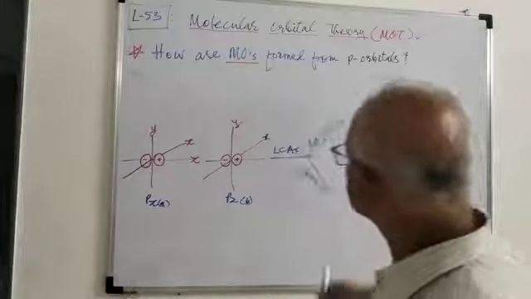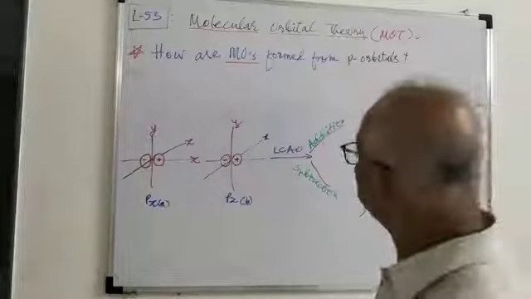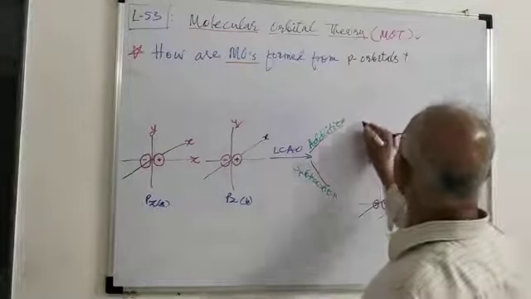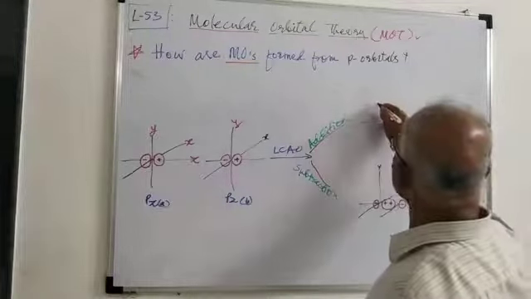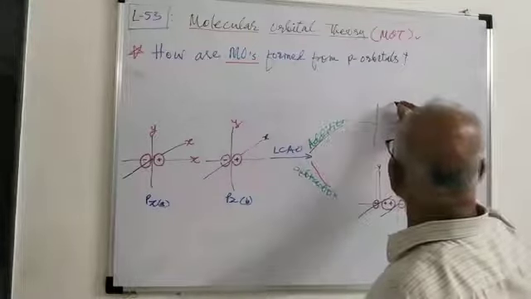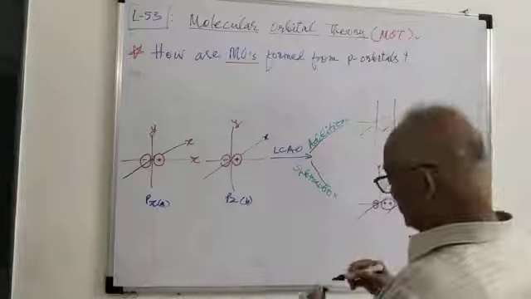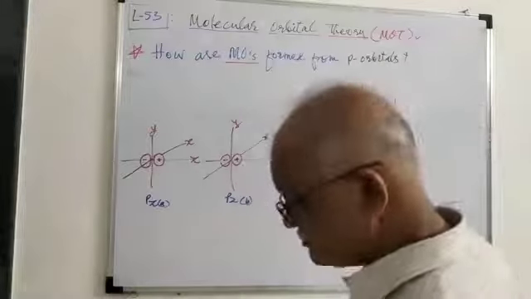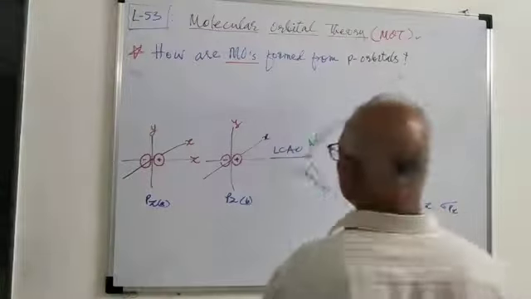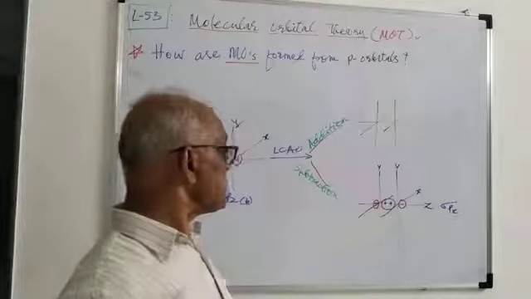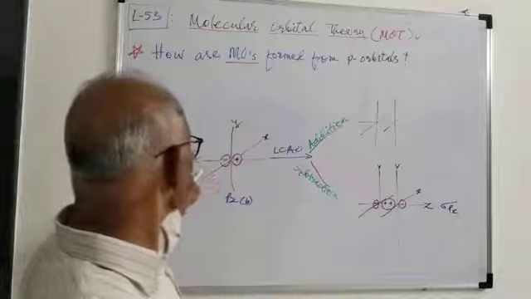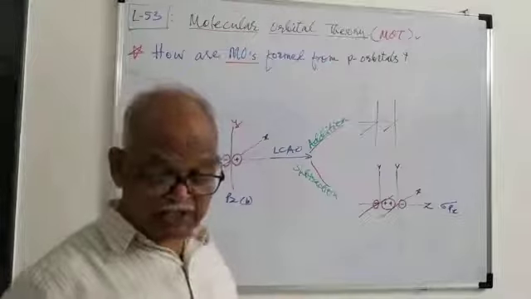Again, if we consider the addition type of overlap here, then we will get this type of arrangement. Like this. Here, because of the addition type of overlap, the signs of wave functions become opposite to each other.